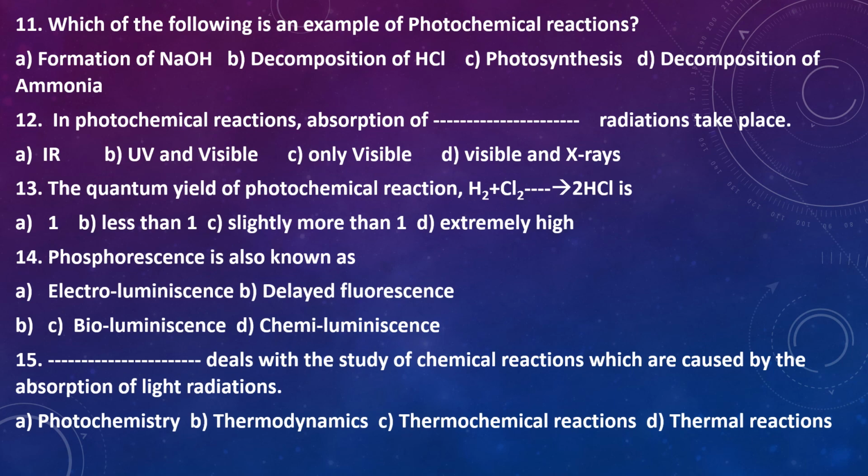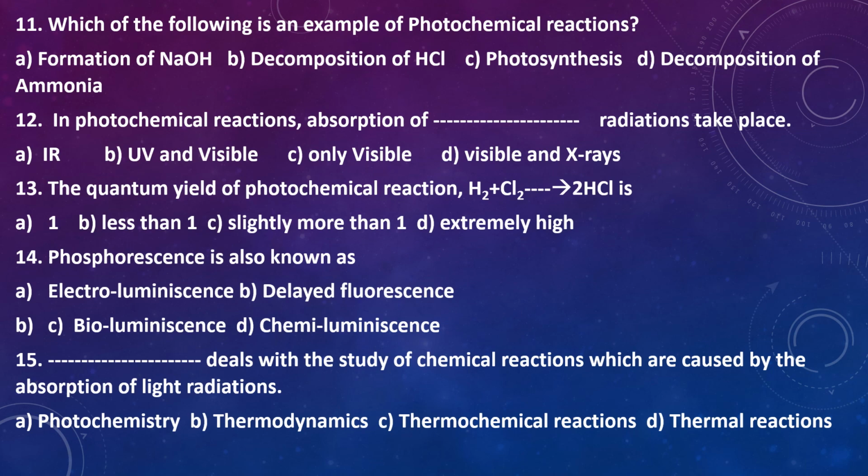Question number 15. Dash deals with the study of chemical reactions which are caused by absorption of light radiations. A. Photochemistry, B. Thermodynamics, C. Thermochemical reactions, and D. Thermal reactions.